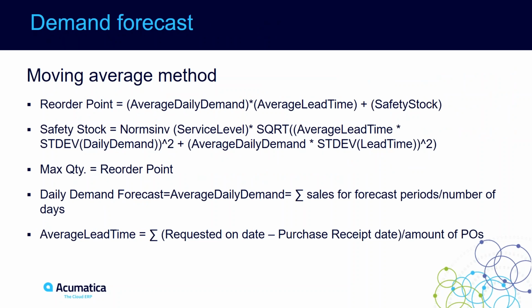The demand forecast is mostly used for items that, how to explain this? That we need to replenish on a kind of fixed basis, it's not that variable, and we don't have different or specific parameters like we just did.